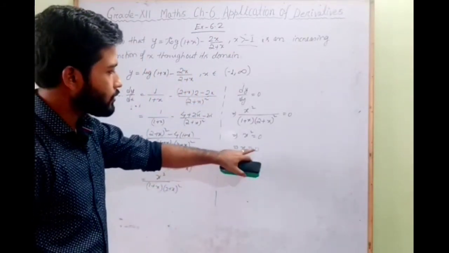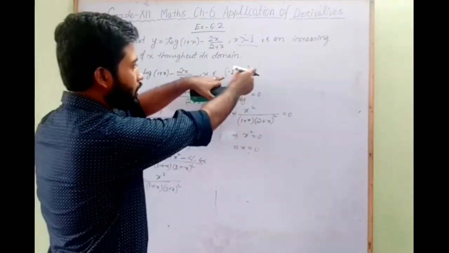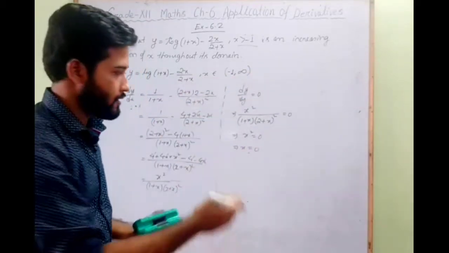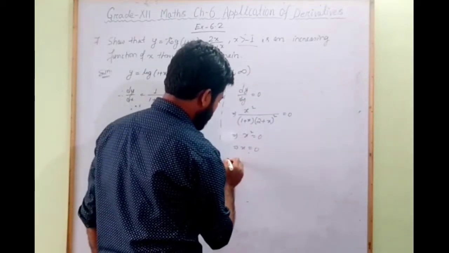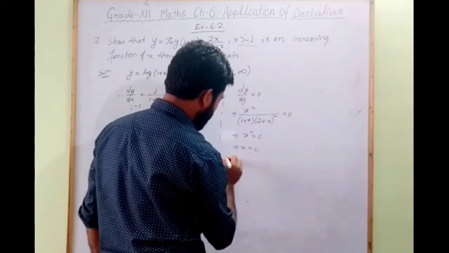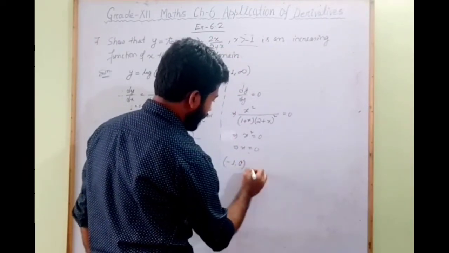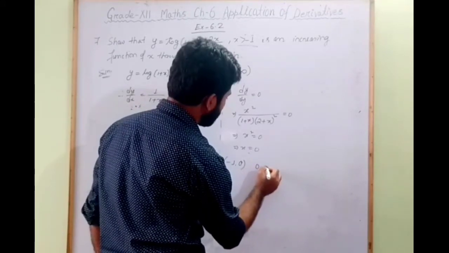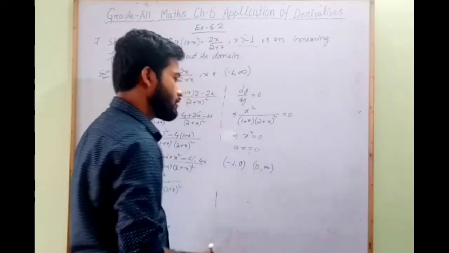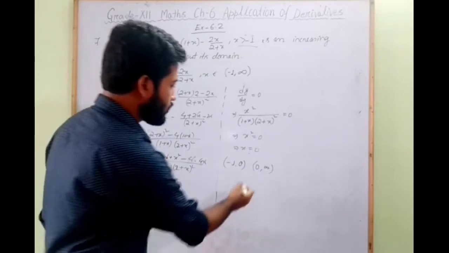So x is equal to 0 splits this particular interval into two parts. So now we shall have the two new intervals, that will be -1 comma 0 and the open interval 0 comma infinity. So you have got these two intervals.